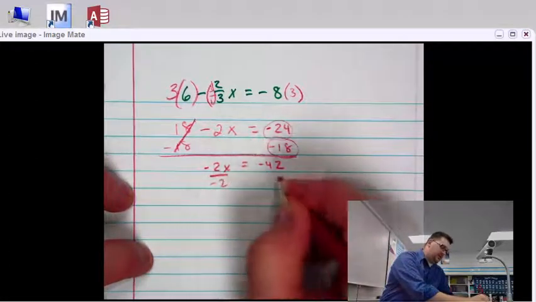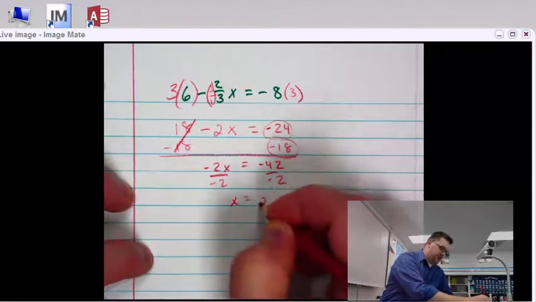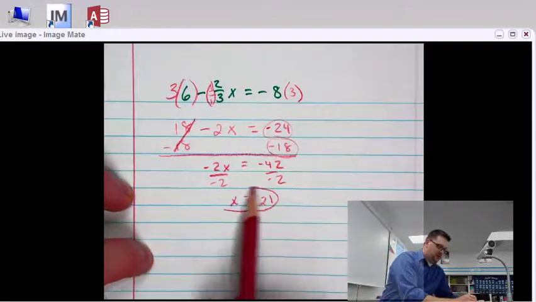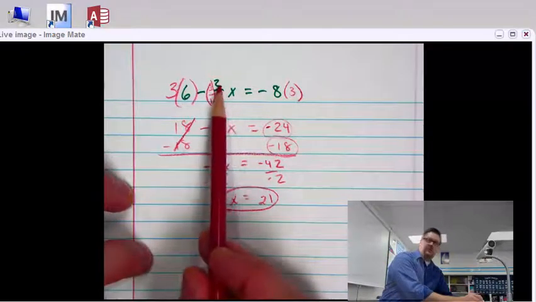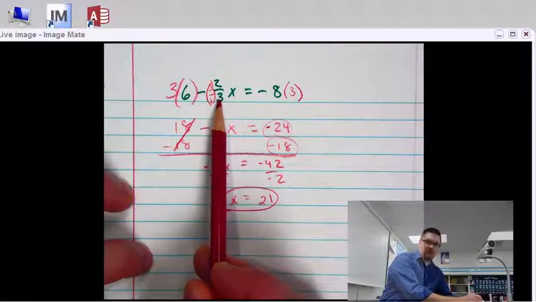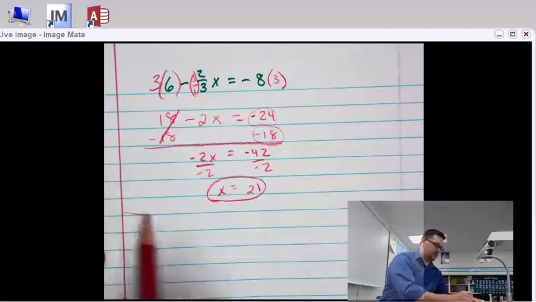Lastly, divide by -2 and get that x is +21. Okay. Once again, the big deal here was that this says 2 divided by 3. The opposite of dividing by 3 is multiplying by 3.